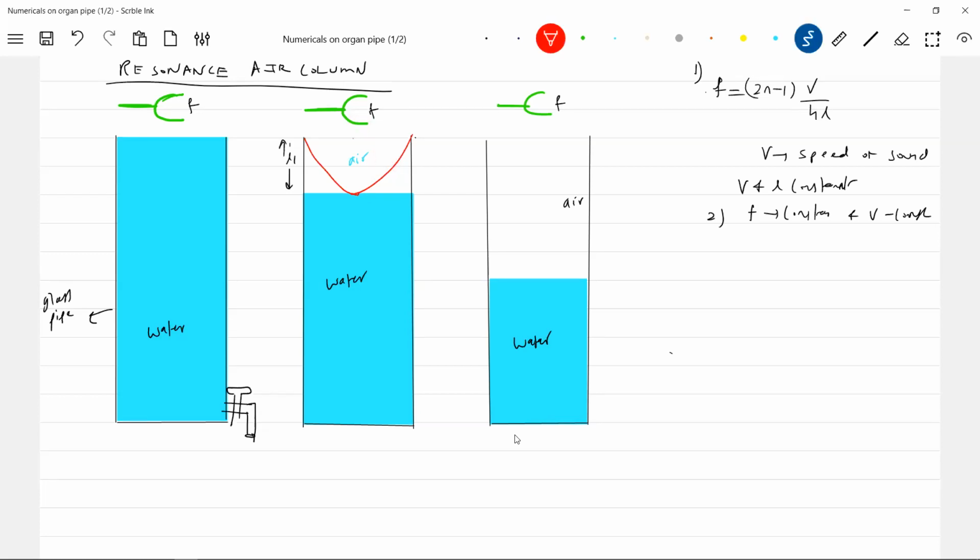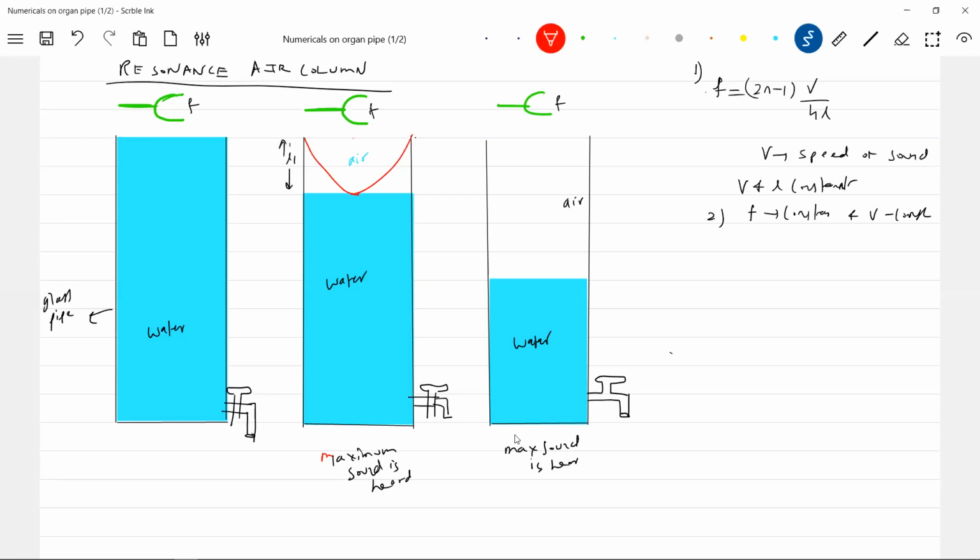Let me put that tap, otherwise you'll think how that level has decreased. Okay, maximum sound is here. Here also maximum sound is heard. In between, we don't get it.